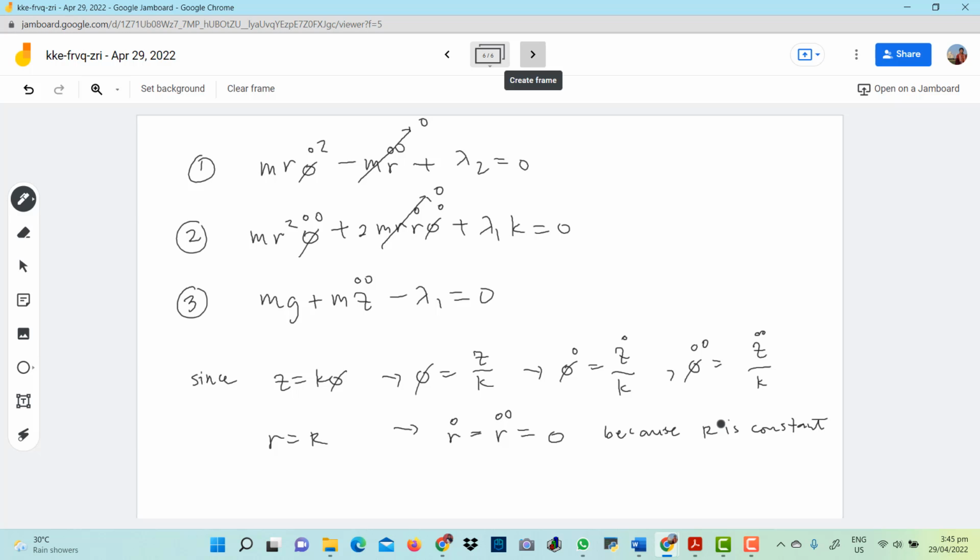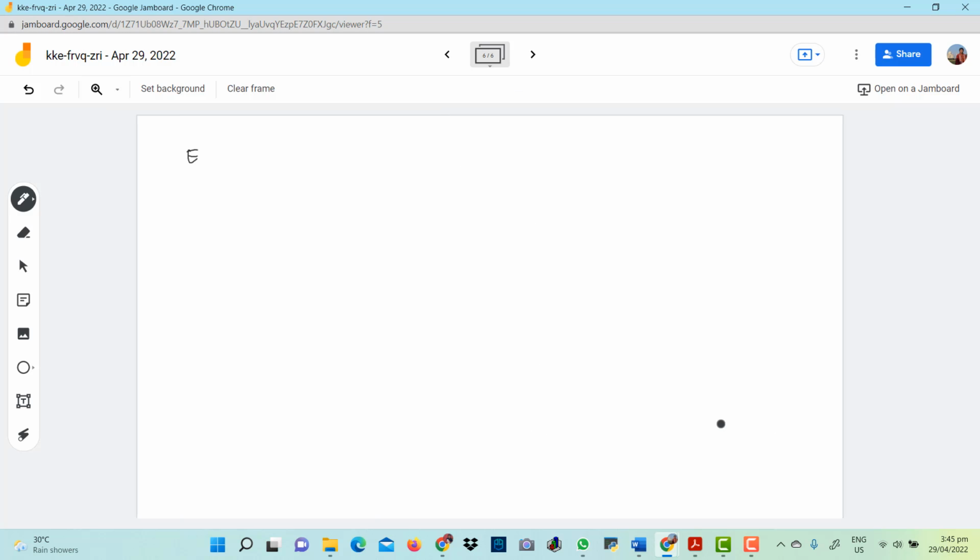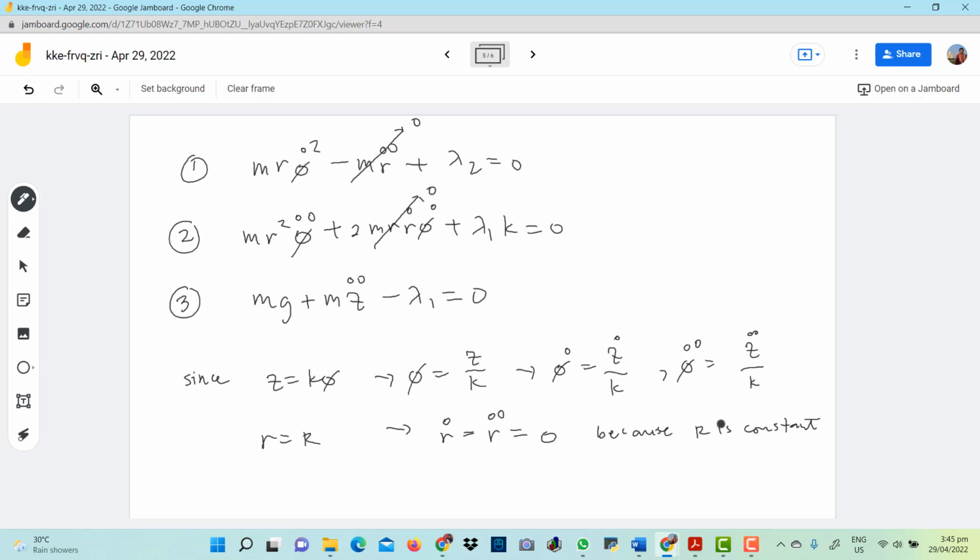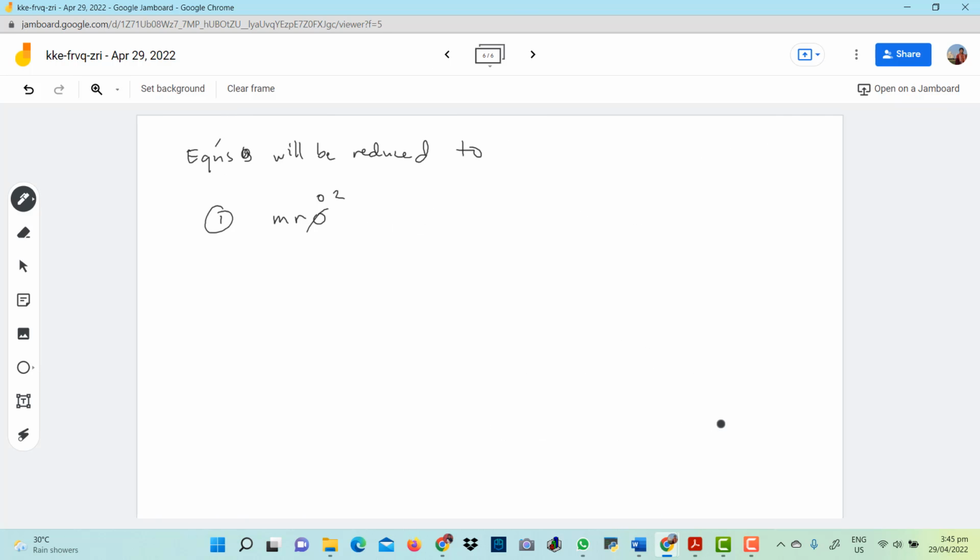So equation 1 is reduced to m r phi dot squared, and the minus m r double dot term disappears because r double dot is 0, plus lambda 2 equal to 0.